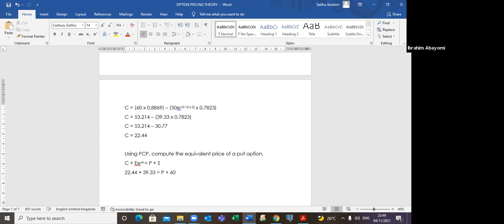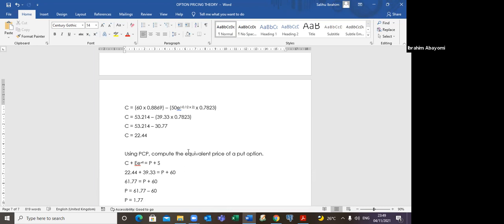I have 61.77 equals P plus 60. When I make P the subject, I have my P to be equal to 61.77 minus 60. So P will be equal to 1 point what?